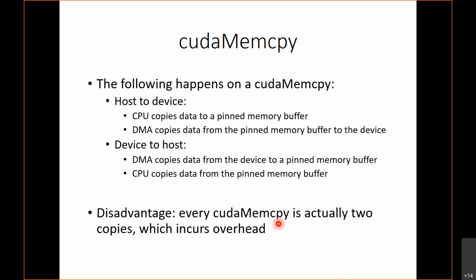There's a PCIe bus or maybe some other kind of interconnect, and we need to copy over that interconnect, and that's much slower, right? Copying to the pinned memory is much faster than copying over the interconnect to the GPU. So the CPU doesn't have direct access to the GPU's memory, and that's why you have specialized hardware that takes care of copying things over the interconnect between the main memory and the GPU.